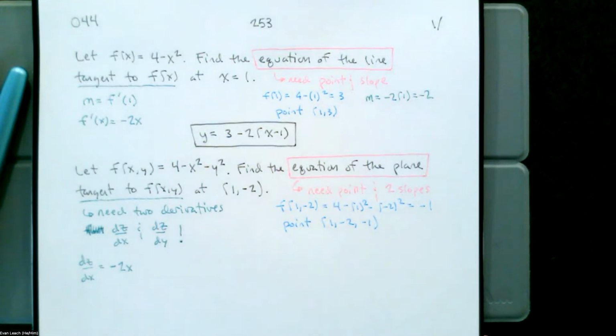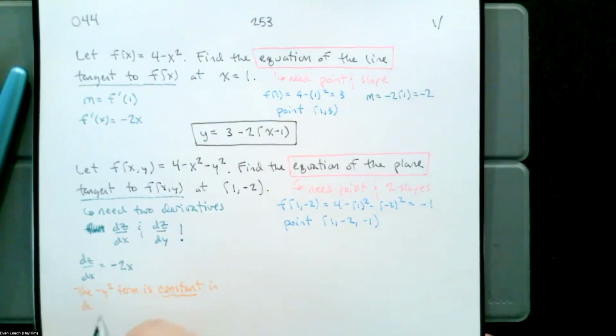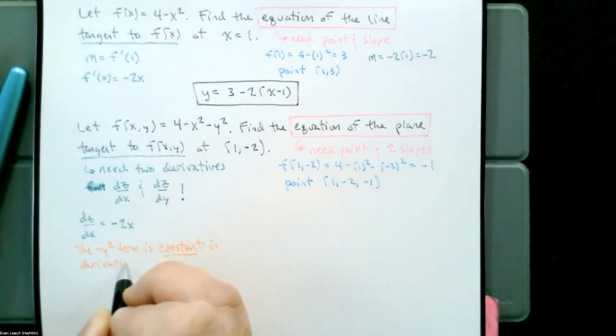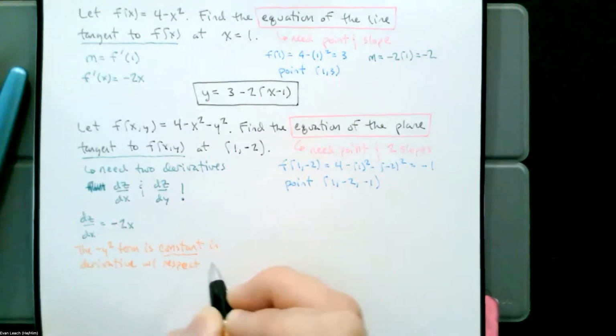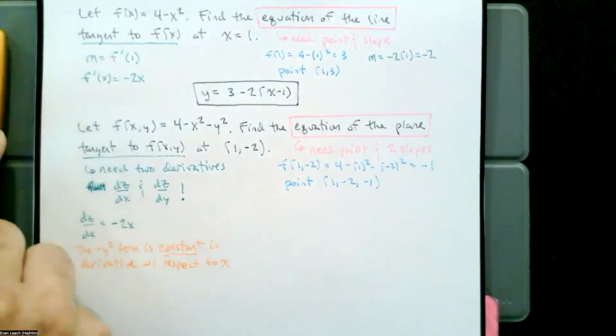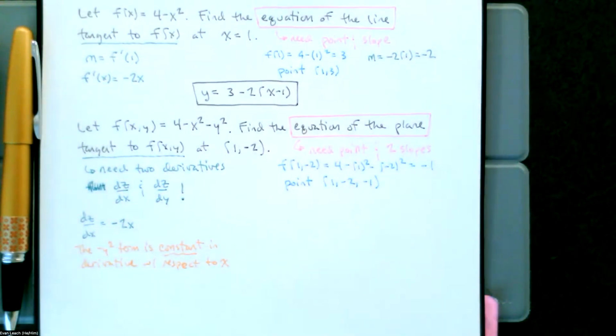It's only concerned with the x. So we think of the minus y squared as being constant in the derivative with respect to x.